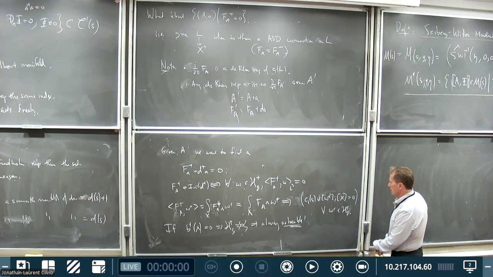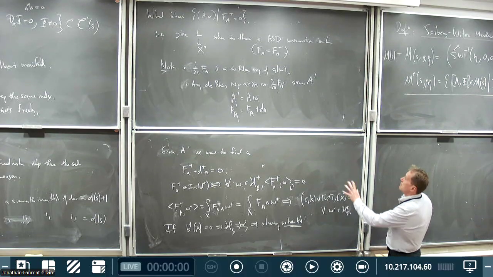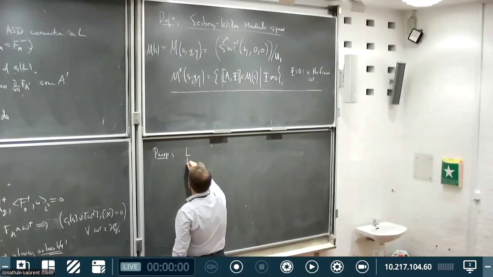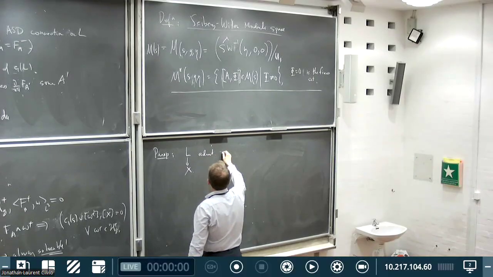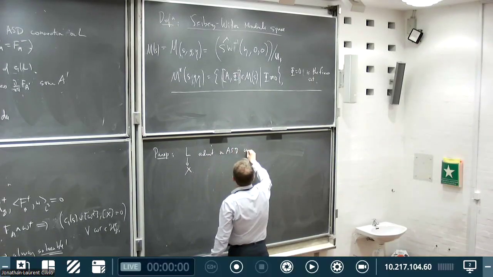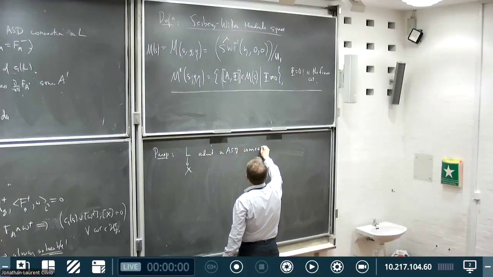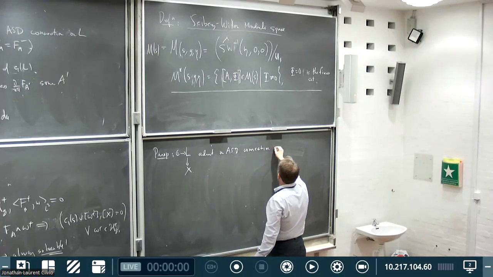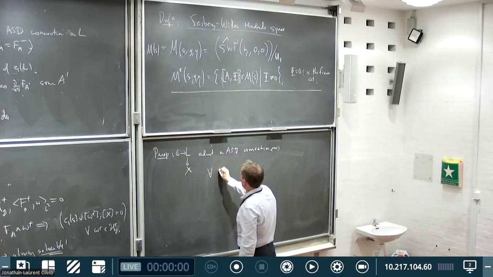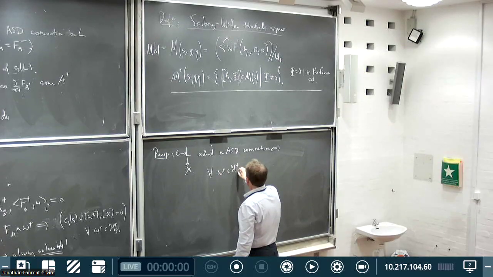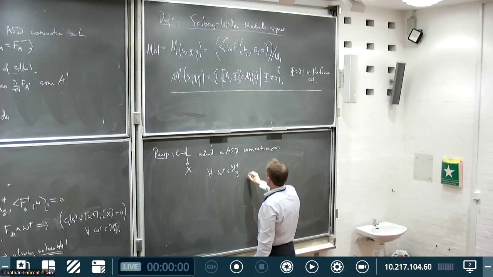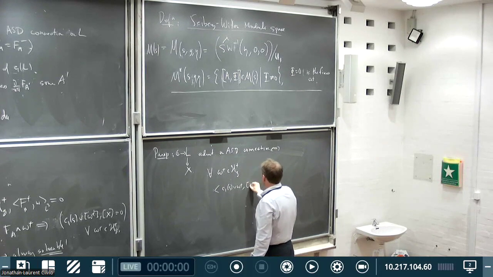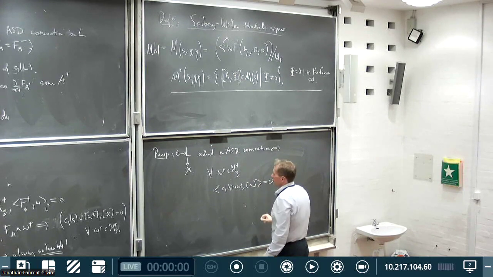So to summarize what we just proved: proposition. Let L be a Hermitian C bundle over X with a connection. Then the equation is solvable if and only if for all omega in the self-dual harmonic forms, the product of c1 of L with omega plus, evaluated on the fundamental class, is 0.